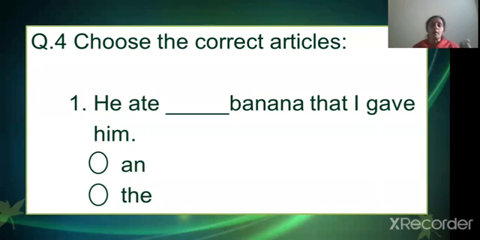We are talking about a definite banana that I gave him, right? So the correct answer here is the. We are talking about one particular banana that I gave him. So he ate the banana that I gave him.